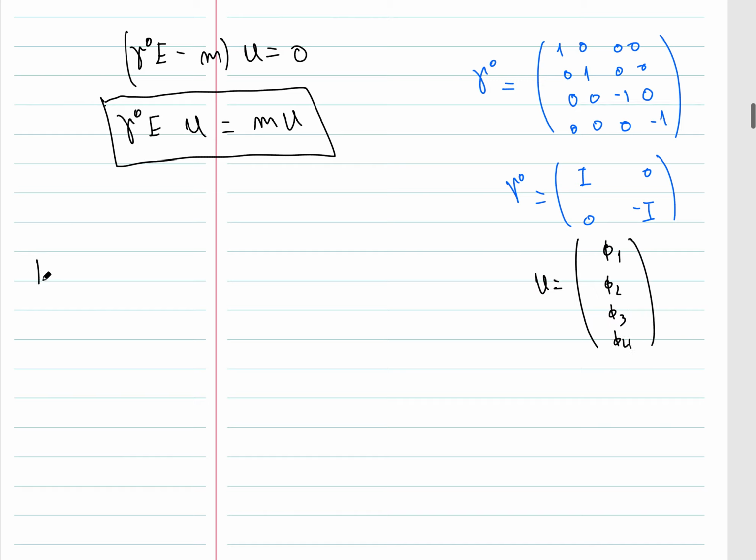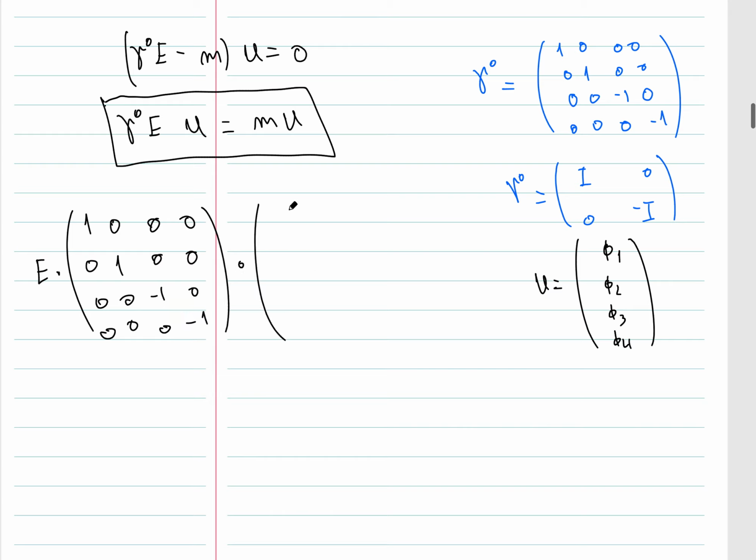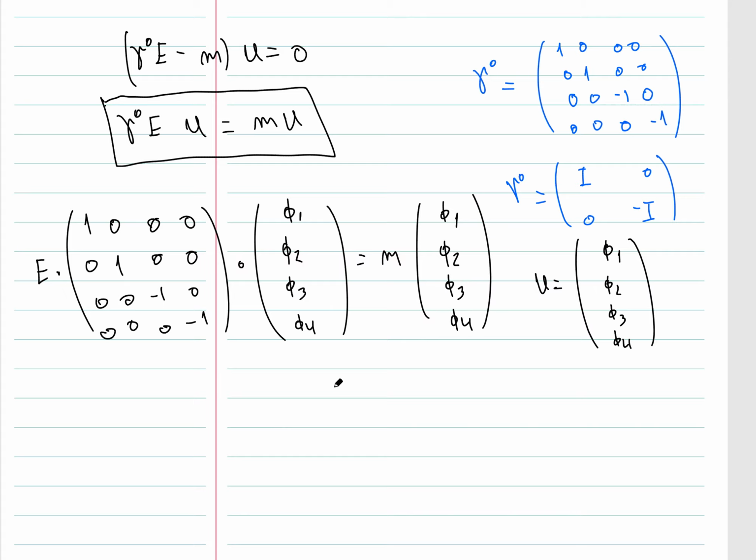So now we have E, the energy, times this matrix, times phi 1 2 3 4, equals m times phi 1 2 3 and 4.